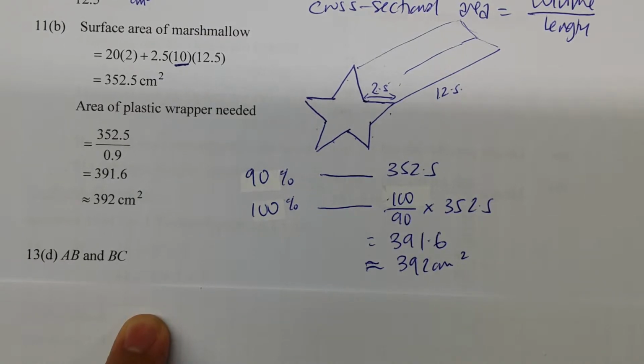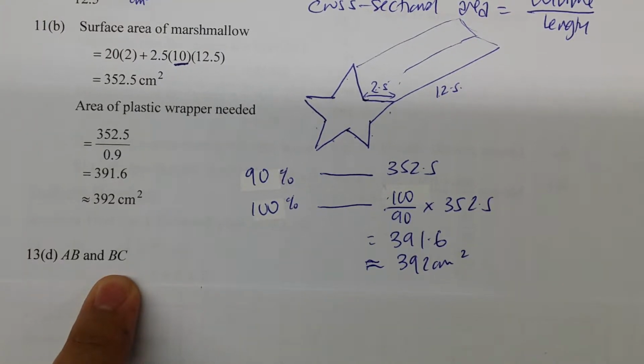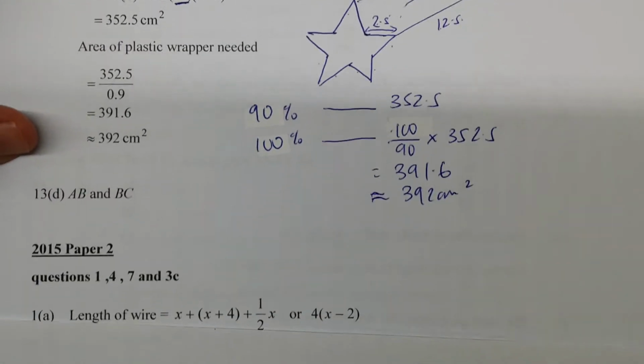Based on your diagram, you should see that point P is equal distance from AB and BC. Why do you say so? Because you drew an angle bisector of angle ABC, which cuts the angle into two equal parts. So the statement is that point P is equal distance from AB and BC. Okay, let's move on.